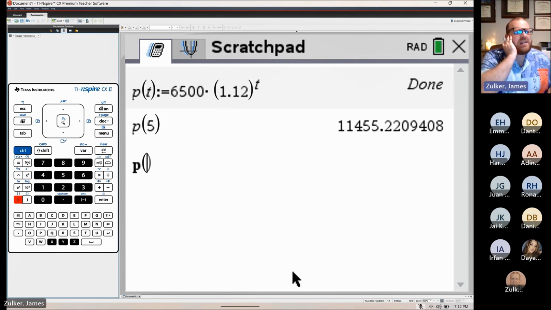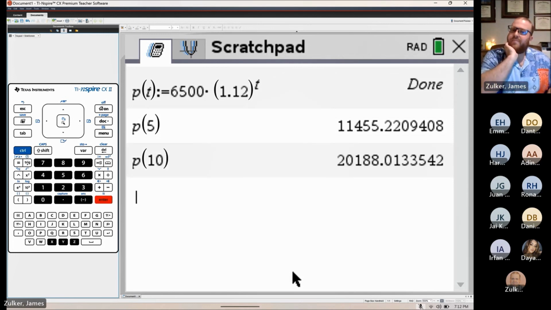Next up was what? P of 10, right? 10 years. So after 10 years, $20,188.01. So it almost doubled.